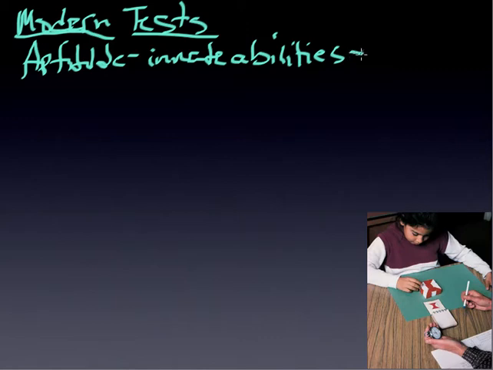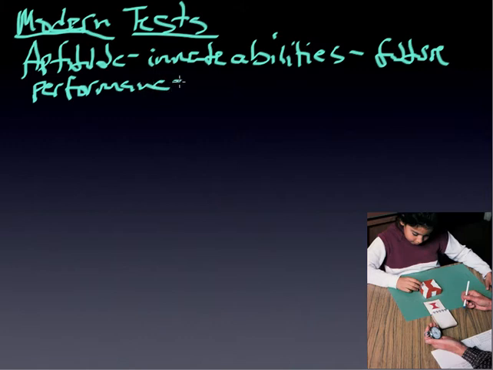So they are not only looking at future performance, but also the idea of somebody's capacity to learn. So we've got innate abilities, future performance, and capacity to learn.